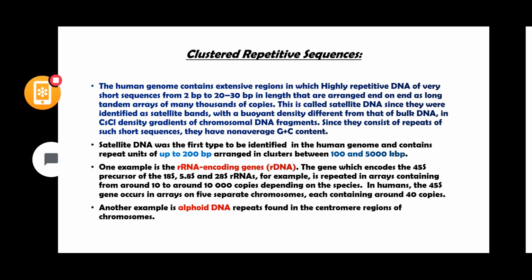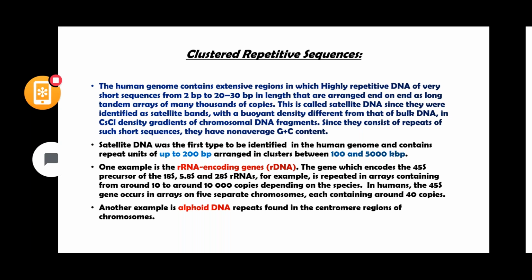The name itself suggests that clustered means it will be present in an array form, in one place or one position of the genome, and it will be present multiple times, in a repeated form. So what are clustered repetitive sequences?